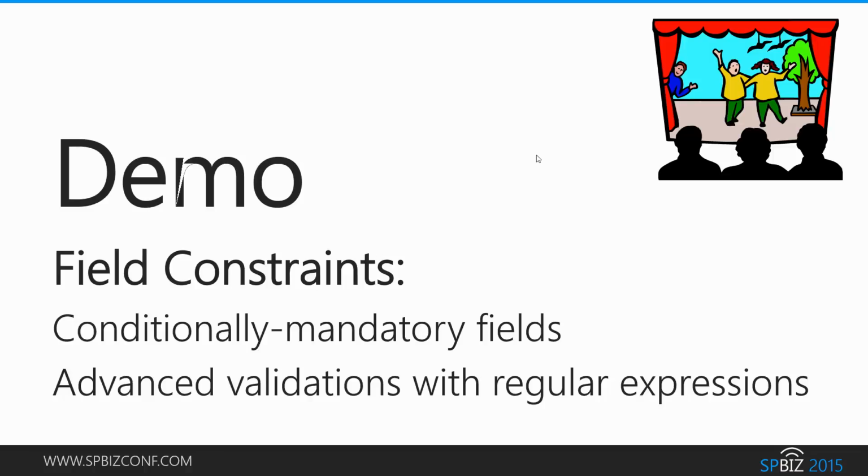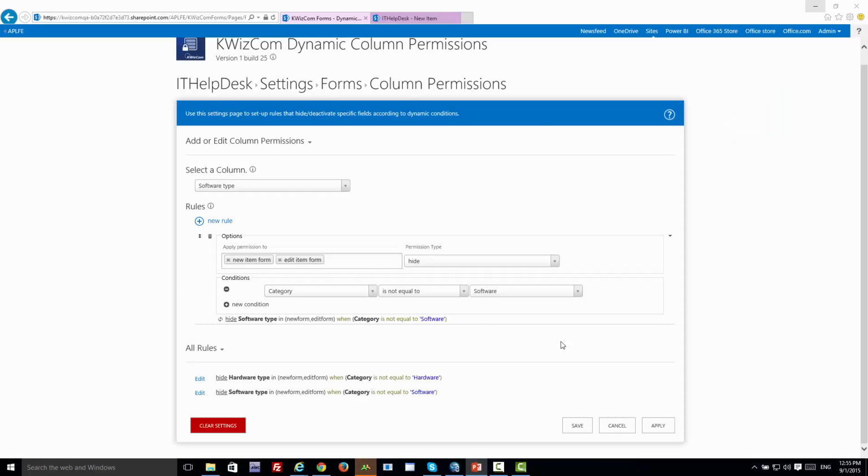What we add here is dynamic validations, and these are validation rules that are conditioned upon some dynamic rule. Also, we have some more advanced validation rules using regular expressions that I will show in a minute. So back to our list.